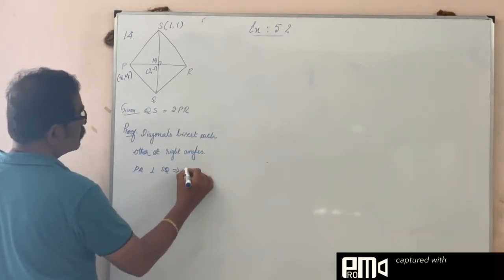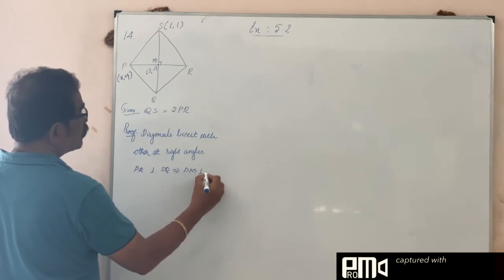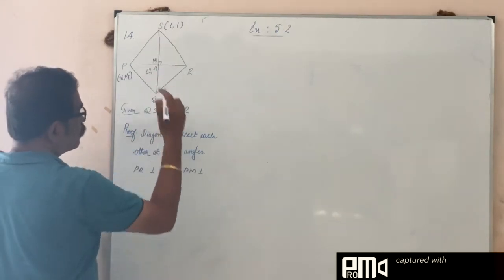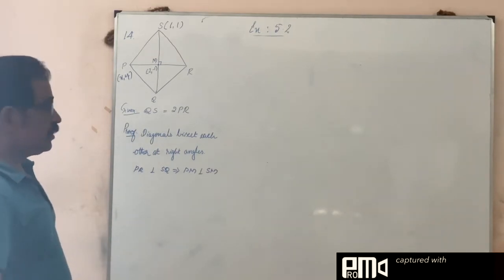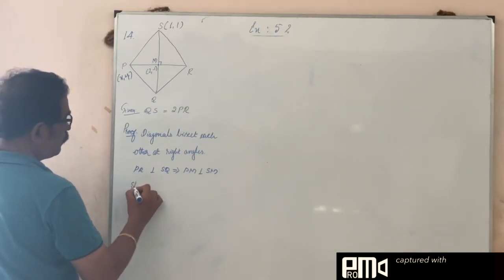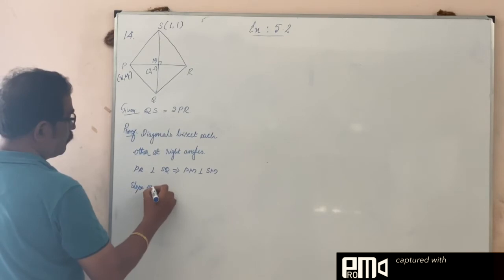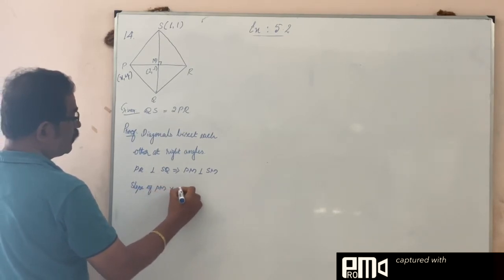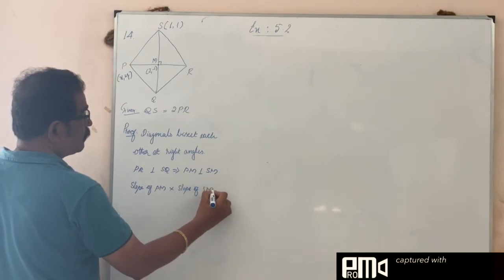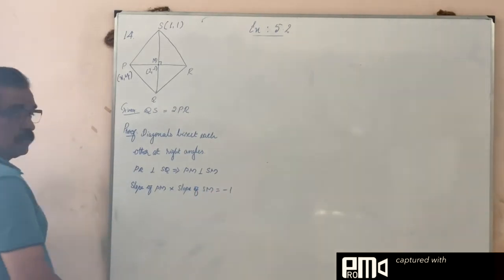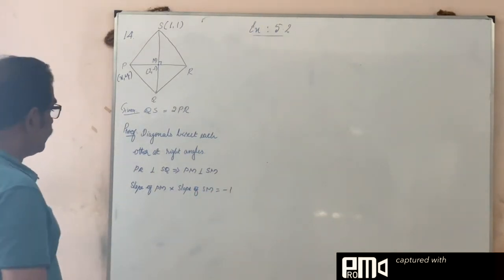This implies PM is perpendicular to SM. So when these two are perpendicular to each other, we know that slope of PM into slope of SM is minus 1. Product of the slopes is equal to minus 1.